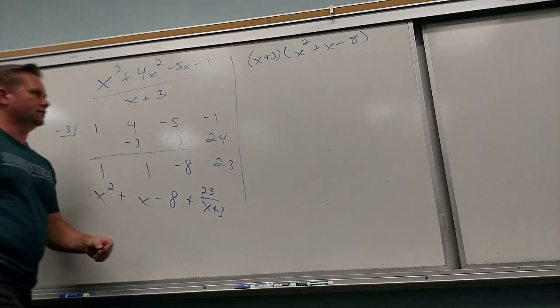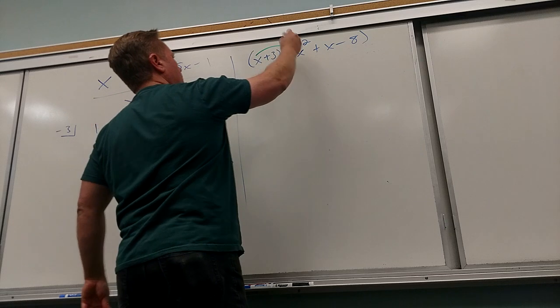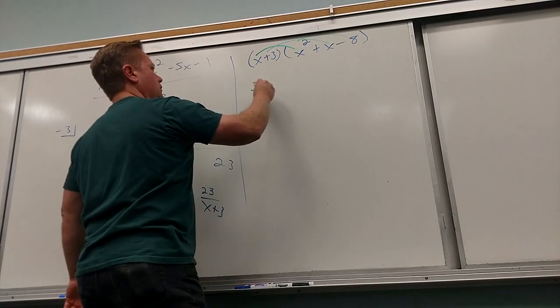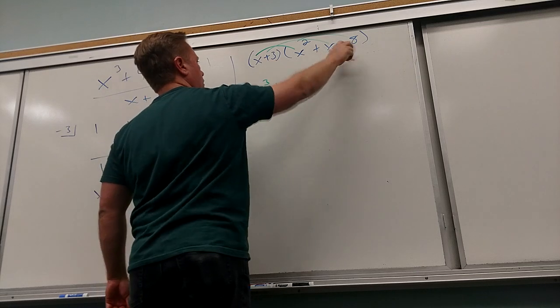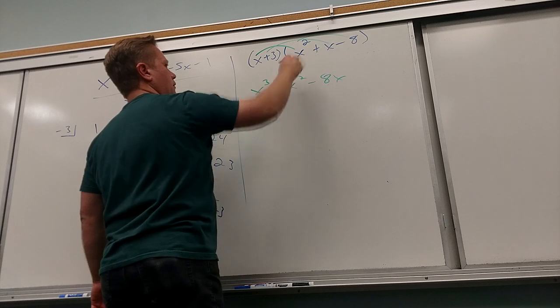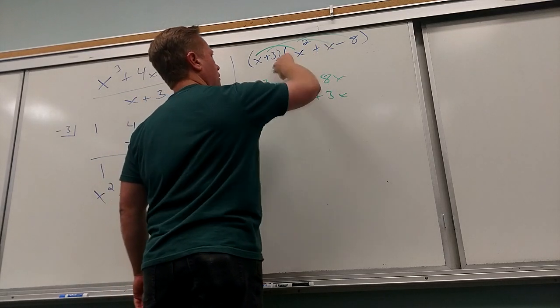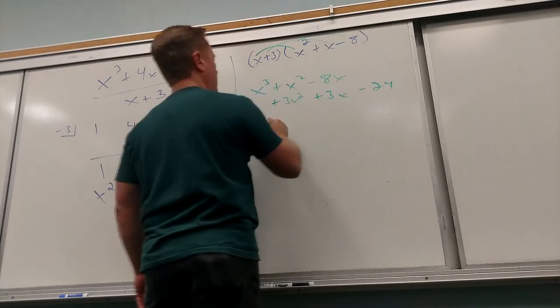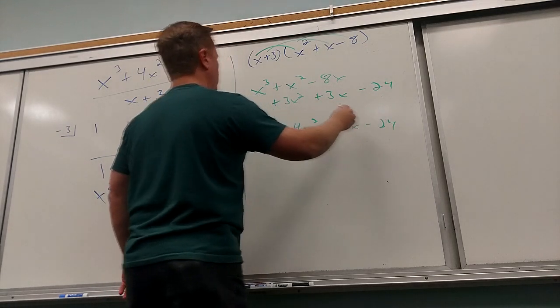All right. So what do we get when we multiply this? Minus 6 plus 3x squared plus 3x. So you get x cubed plus 4x squared minus 5x minus 24.